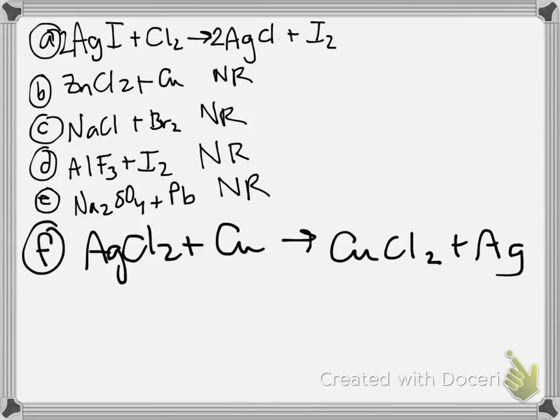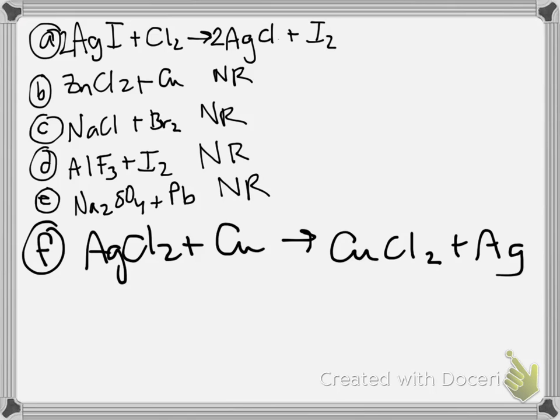How do I know? You don't. So you can write a formula for either copper 1 chloride or copper 2 chloride. If you're predicting, you're not given which ion is going to form. When given a situation like that, I tend to write the one that allows me to not have to do any work to balance it.